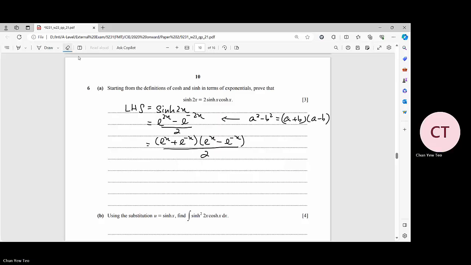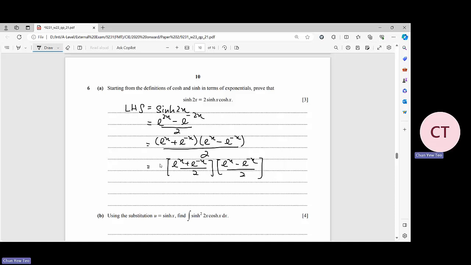Then over here, I just need to split them. This one, I will split it, become e power x plus e power negative x over 2. This one, I have e power x minus e power negative x over 2. Then I multiply a 2 here, so that I will get back the previous equation.